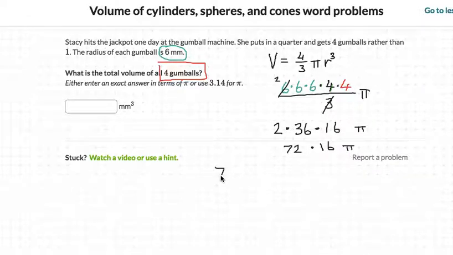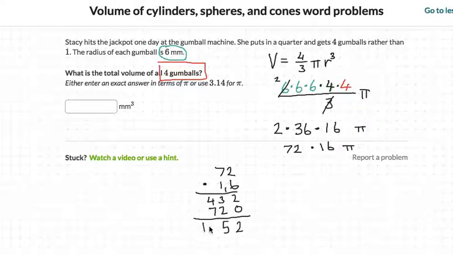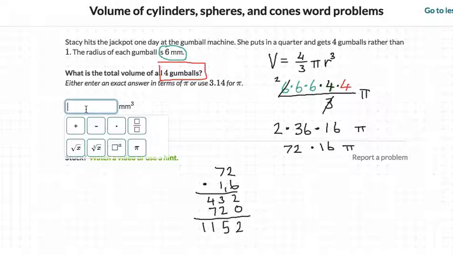So 72 times 16, 6 times 2 is 12, carry the 1, 6 times 7 is 42, plus 1 is 43, and a 0, and adding these together gets us 1,152 pi. Do not forget your pi. This is the number of millimeters cubed that we have to deal with.